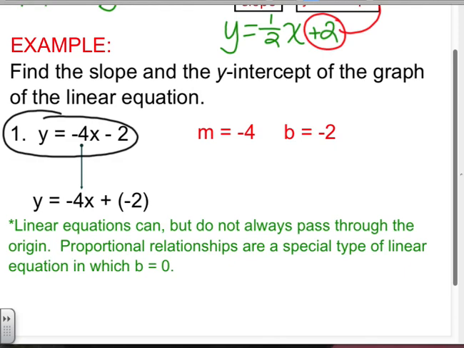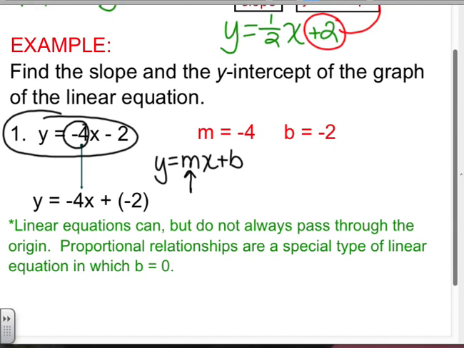The slope is the number that's attached to the x. Remember, y equals mx, where m is your slope, plus b, where b is your y-intercept. So whatever number is attached to the x in this position right here, that is your slope. So looking then back at our equation, I see a negative 4 attached to the x.